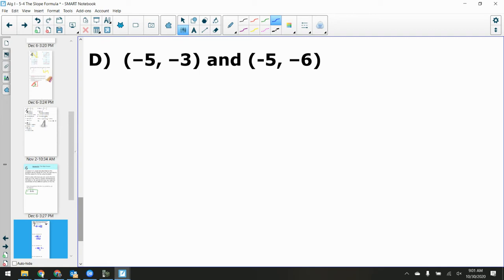Okay. So let's do this next one. The slope would now be -6 minus a -3 divided by -5 minus a -5. Notice how I've got the same number in my x coordinates? So now I say -6 plus 3 is -3. Now I have a 0 in the bottom, which is now undefined.